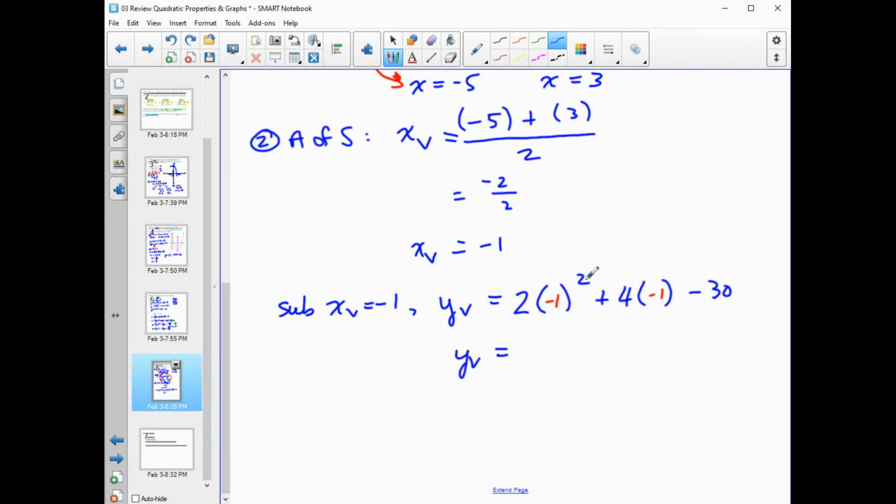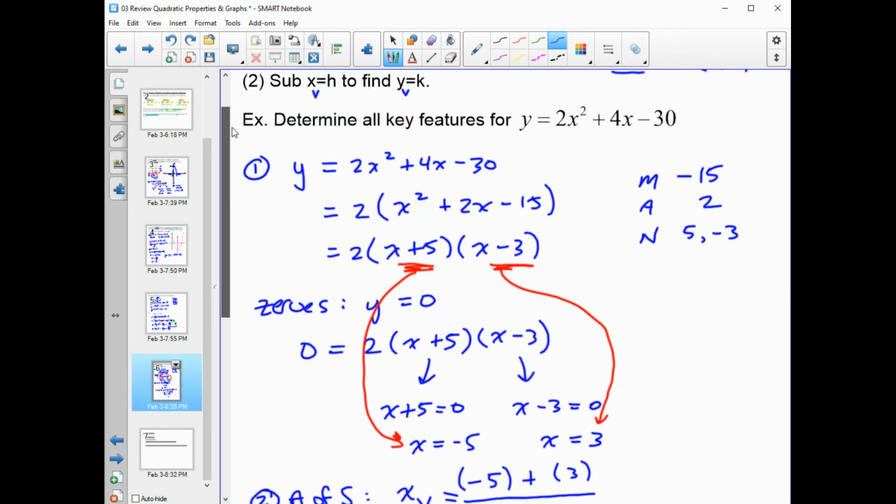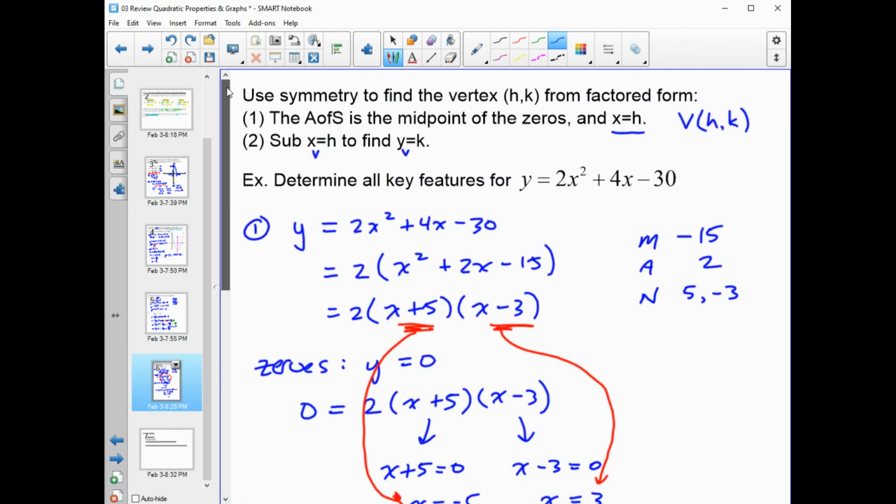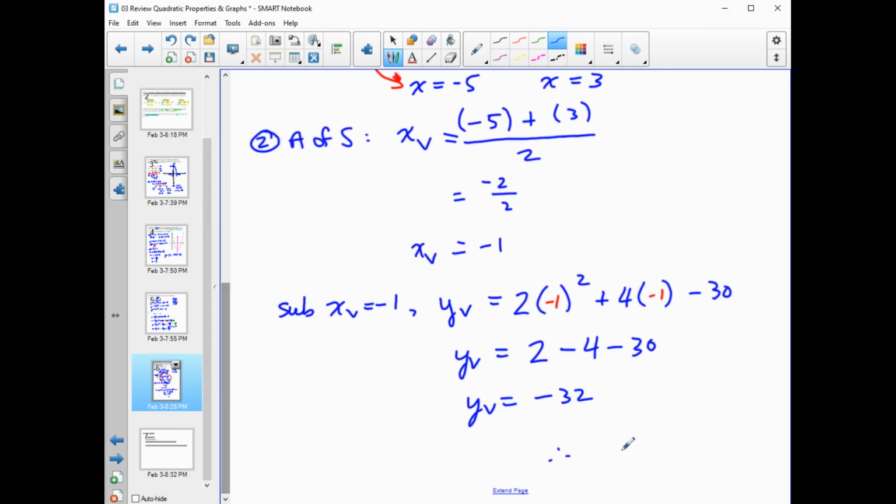Well, -1 all squared is +1, so 2 times that is just 2. -4 minus 30, so the y coordinate of the vertex ends up being 2 minus 4 is -2 minus 30 is -32. Therefore, now what did it want? Vertex form, or did it want the location of the vertex? Find the vertex, it says. Therefore, my vertex has an x coordinate of -1 and a y coordinate of -32.